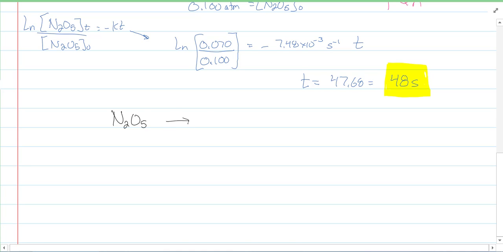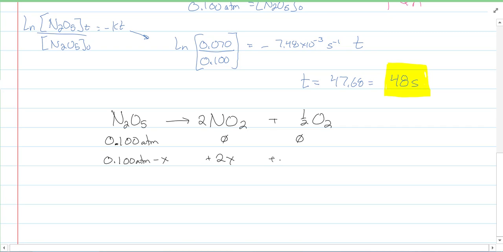It's decomposing to NO2 and 1/2 O2. I'm starting with 0.100 atmospheres, none and none. We're going to add 2, so we're going to have 0.100 atmospheres minus x, plus 2x, and plus 1/2 x equals the total pressure.